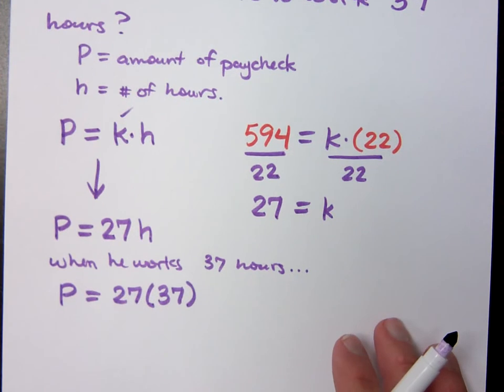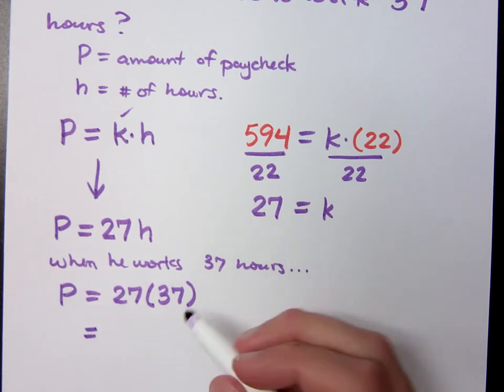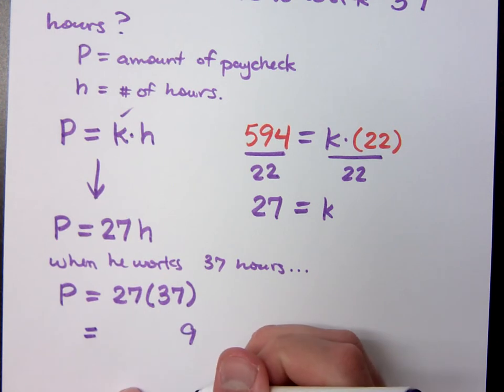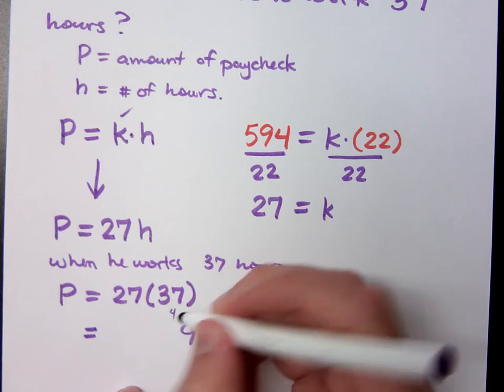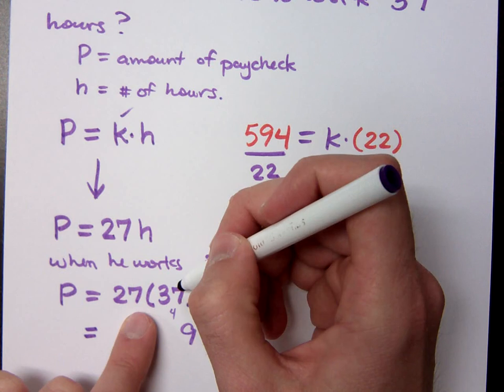You can FOIL this to get the answer. Did you know that? You have to go FOIL backwards. But check this out. 7 times 7 is 49. Carry the 4. Inside here is 21.